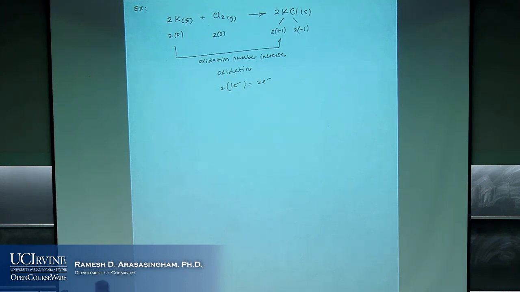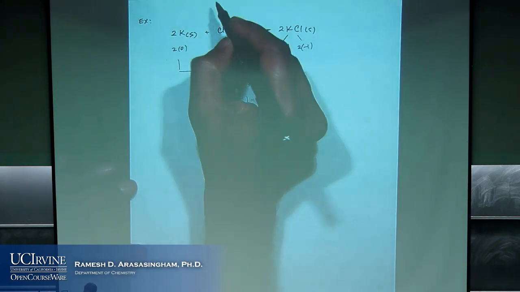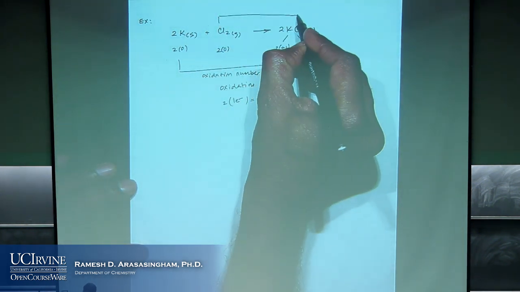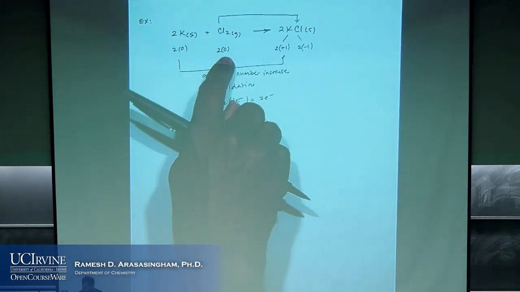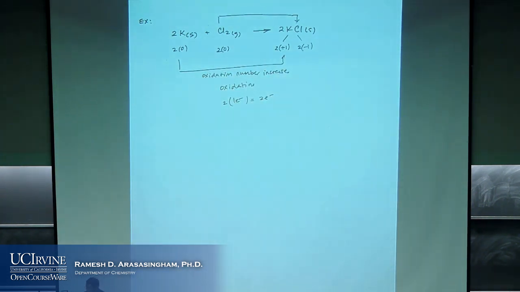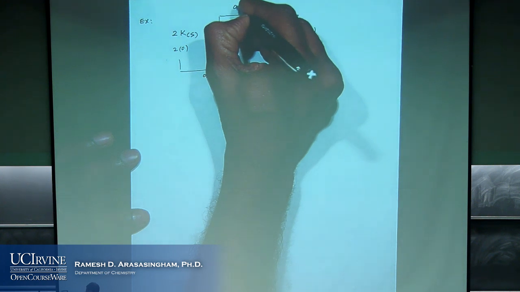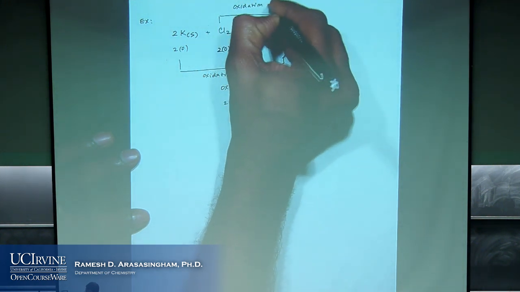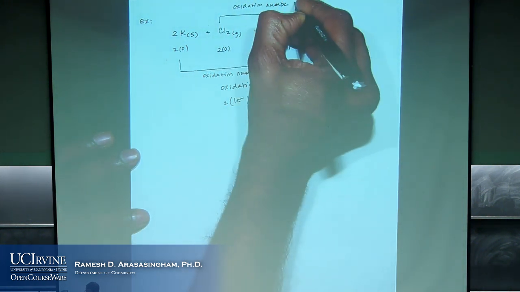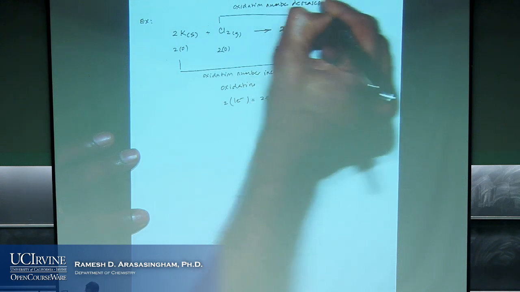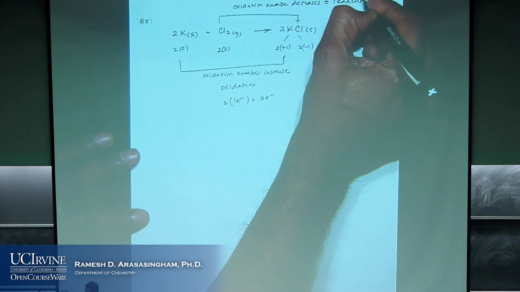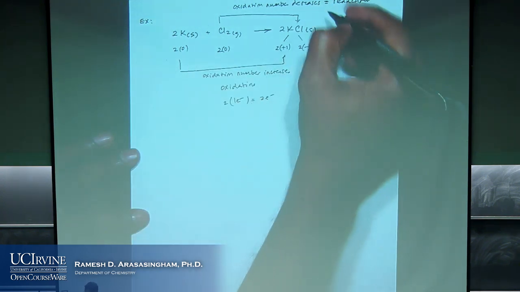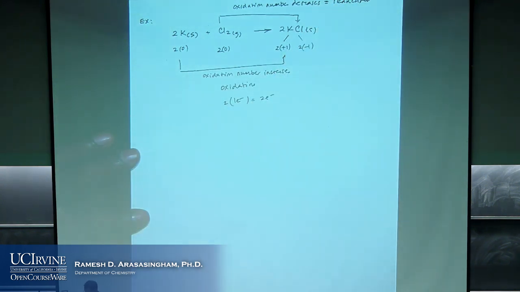Now, if you go to what's being reduced over here, your chlorine, if you look at the oxidation number, goes from 0 to -1. So you know that the oxidation number decreases. And if it decreases, it means it's a reduction. If you take each chlorine atom, it changes by 1. Okay?